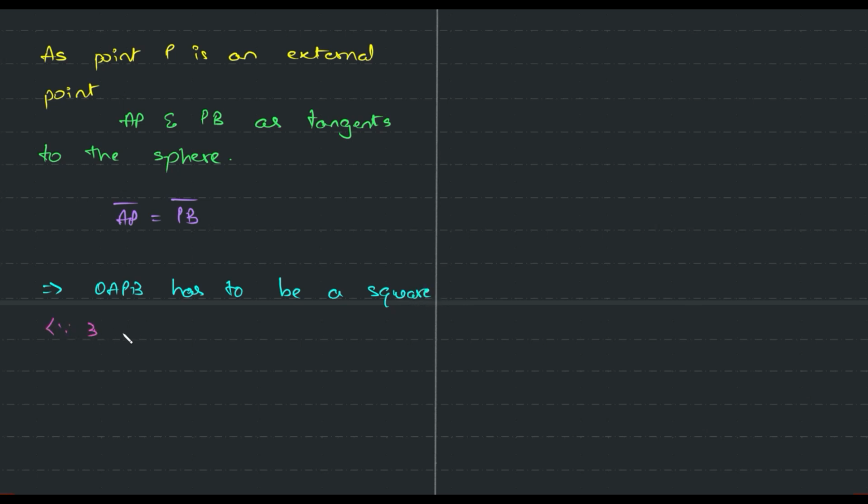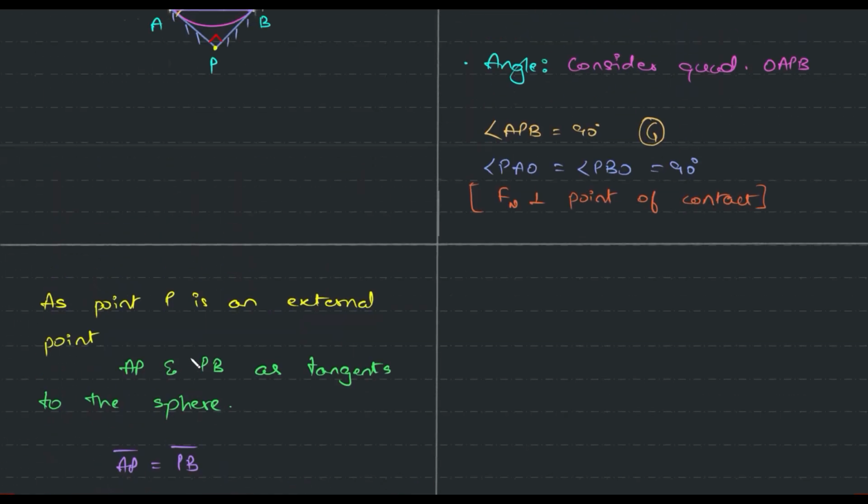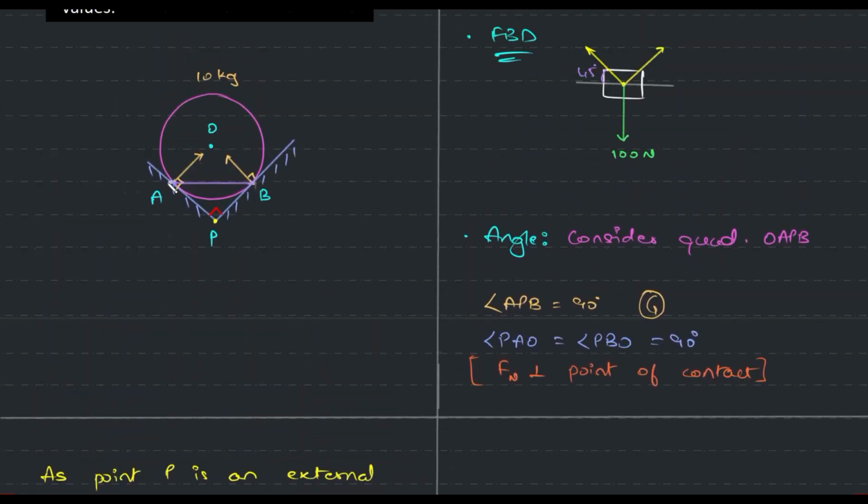Because three angles are equal to 90 degrees and two adjacent sides are equal. Okay guys, again I'm using a lot of shortcuts because I don't want to waste time writing and you guys just watching, there's no point. But yeah, when you're writing it, you write it in the proper manner.